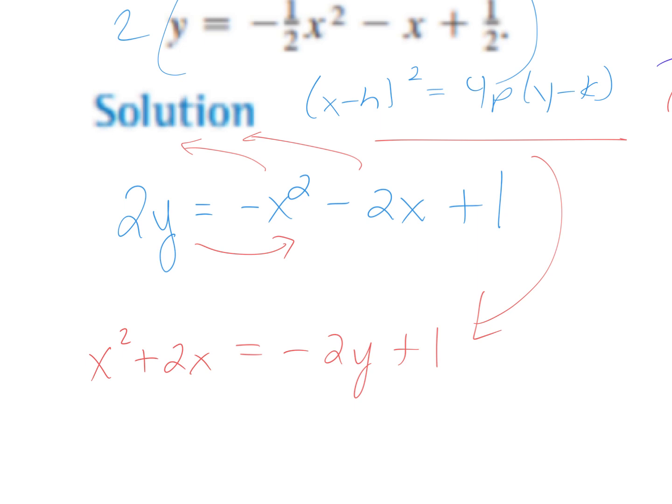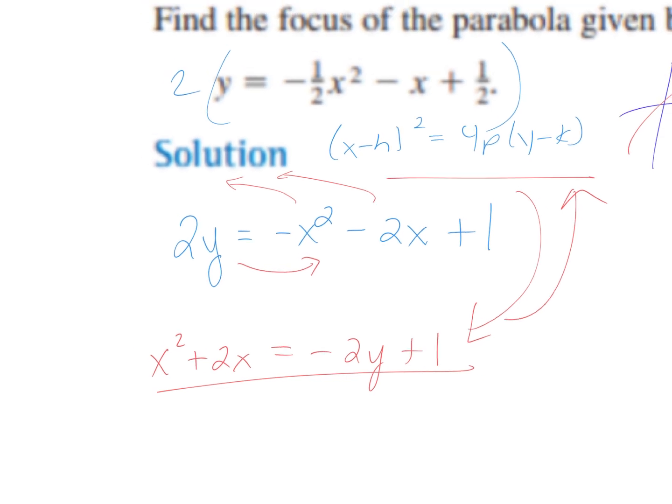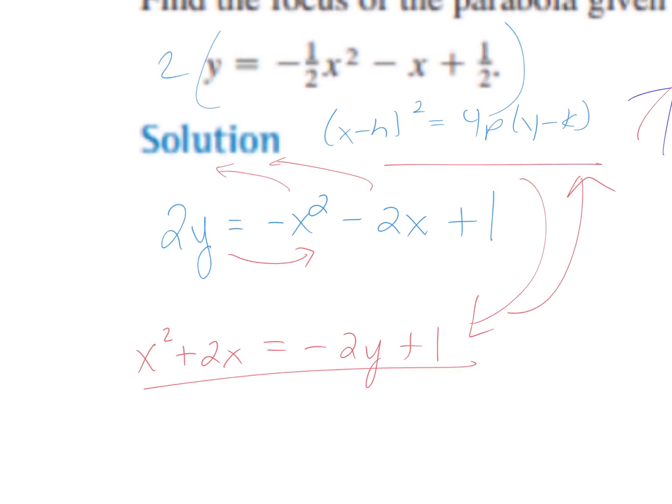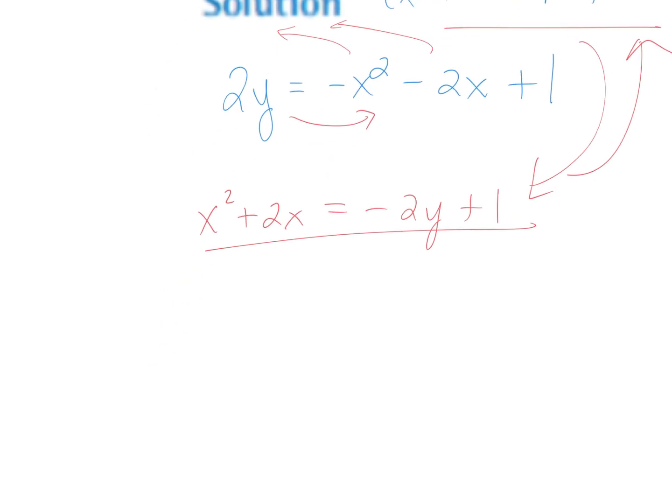What did we do when our circle looked like this, but we needed it to look like that? Look back at that problem. What did we do? We completed the square. Good. Anything in a problem like this that's squared and also has a term, you're going to have to complete the square to get it into standard form.